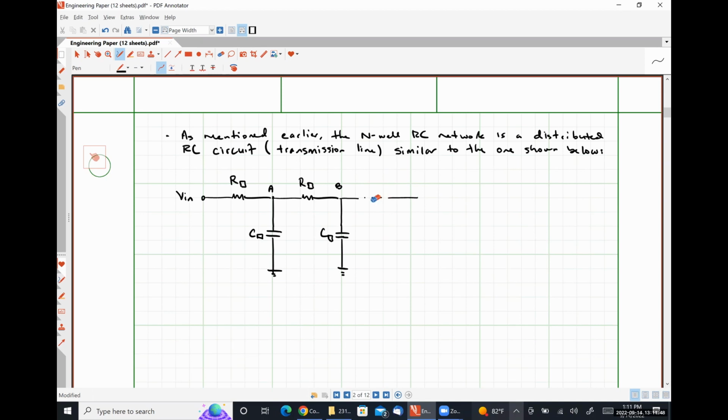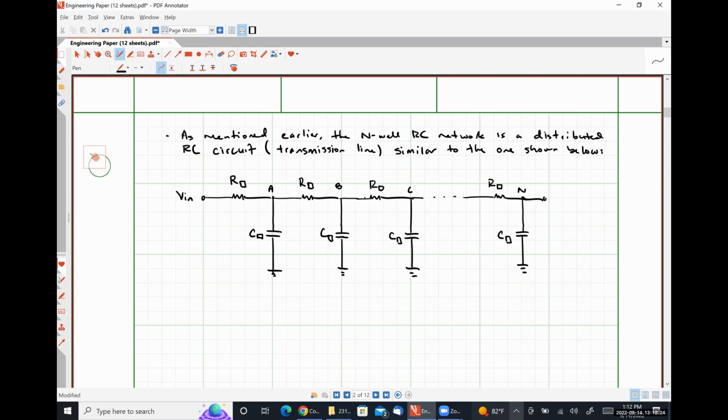Actually, let me do a third node here so we can figure out what the pattern is. R square, C square. This is node C. And finally, we're out here. R square, C square.